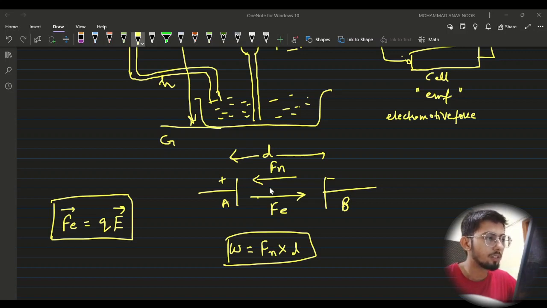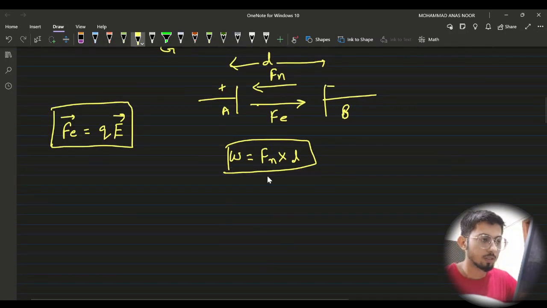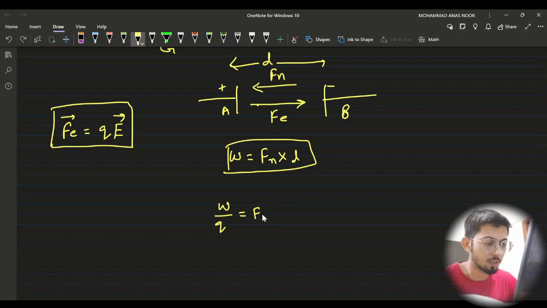So this work done, if we want to calculate work done per unit charge, that is called EMF. Let's draw a different symbol for it. This EMF would be epsilon naught.